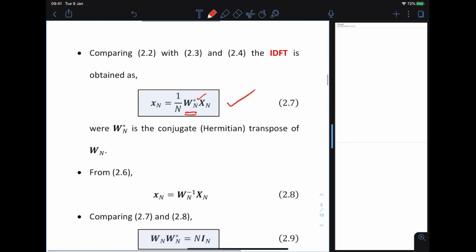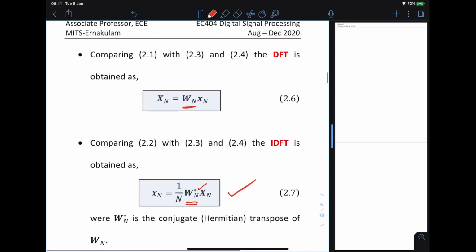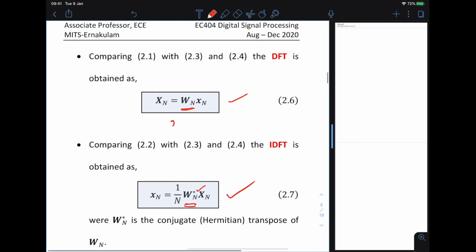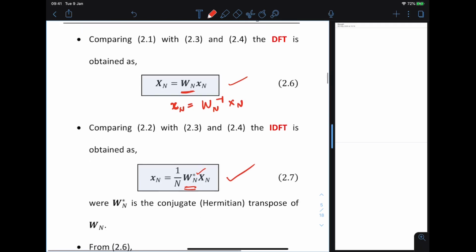So this much is the direct, straightforward way in which you can get the solution for the DFT and IDFT. Now we'll see a relation, or a property, of the DFT matrix. From equation 2.6, I can get small x of n, that is the time domain signal vector, equal to W_N inverse times X of k.